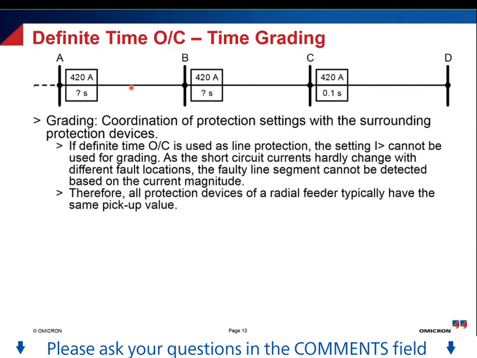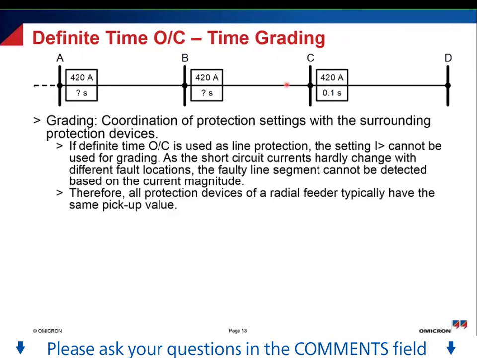Oftentimes the fault currents do not change that drastically if they change the position on the overhead line. So for example, if I measure the current here and I have a fault here or here, it doesn't necessarily mean that the short circuit currents are that different from each other. That means just by having a look at the current, I cannot tell where my fault position is. So the current itself in this case is not enough to distinguish where the fault is.